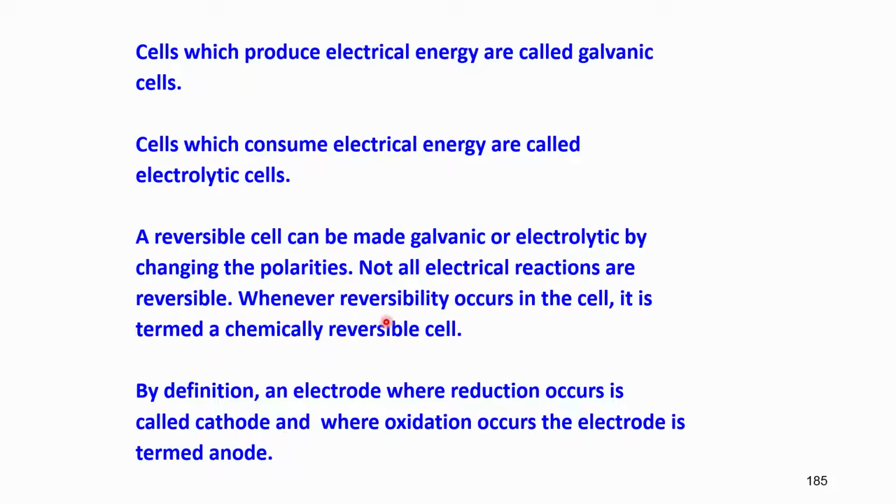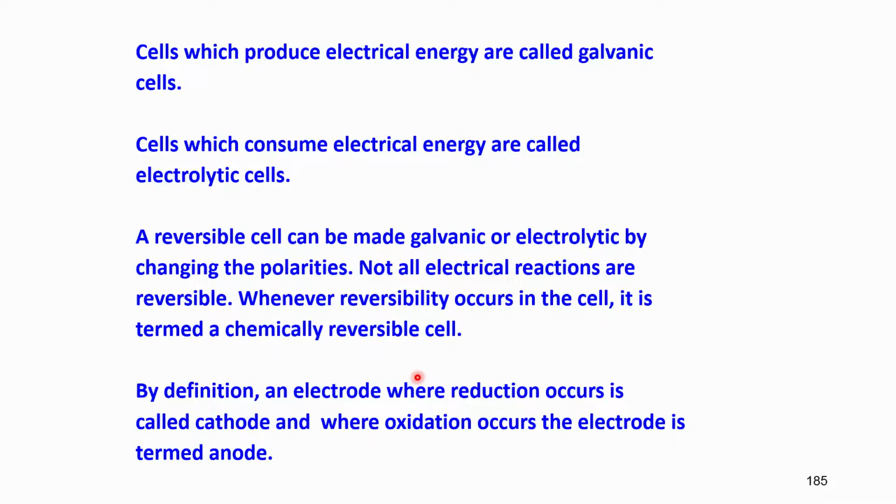If I change the wires again, positive will become negative, negative will become positive, because it is an electrochemical equilibrium system. So, the reaction can go either this way or that way. A reversible galvanic cell can be made into a reversible electrolytic cell and vice versa. Whenever reversibility occurs in the cell, it is termed a chemically reversible cell.